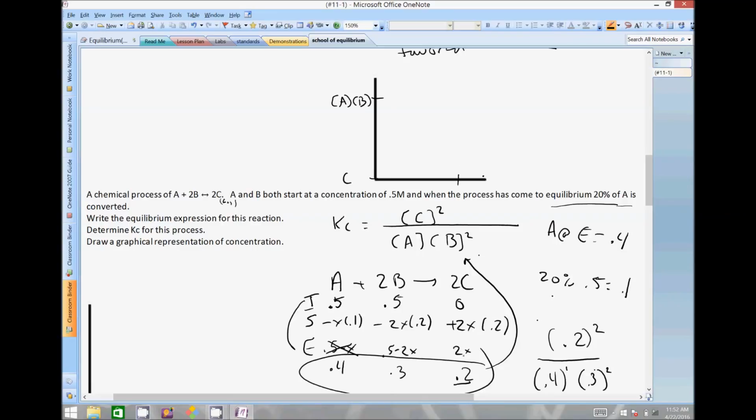I got a level of 0.2 for C. I got a level of 0.3 for B. And I have a level of 0.4 for A. And therefore, just connect them up. C went from 0 like that. B started like that. And A like that. And away we go. Right here is where equilibrium was established. These would just continue on.